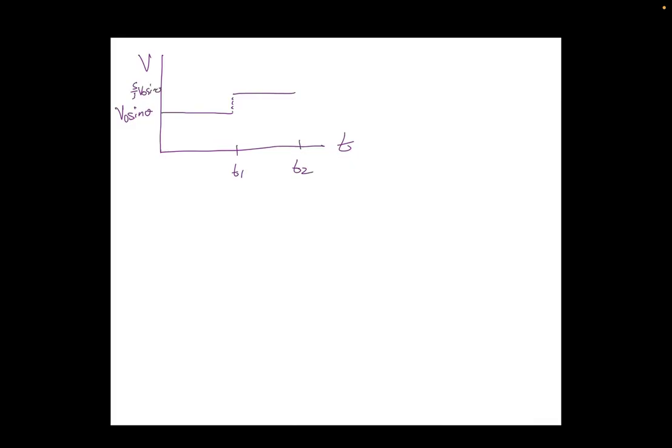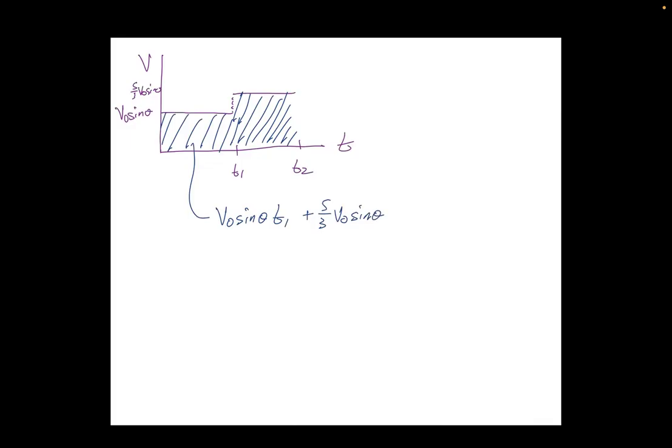And so we could say the actual total displacement traveled is the integral of this sketched velocity time graph. That should just be v naught sine theta times T1 plus 5/3 v naught sine theta times T2 minus T1, so this section here. We have the area of that rectangle, and we also have the area of this rectangle.